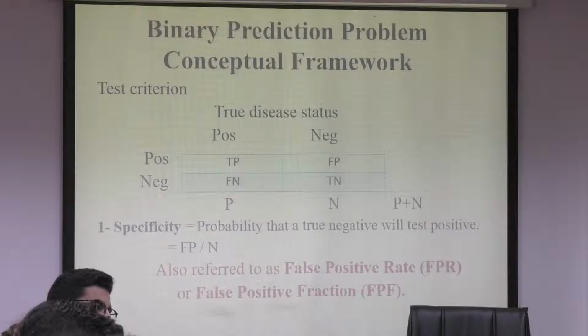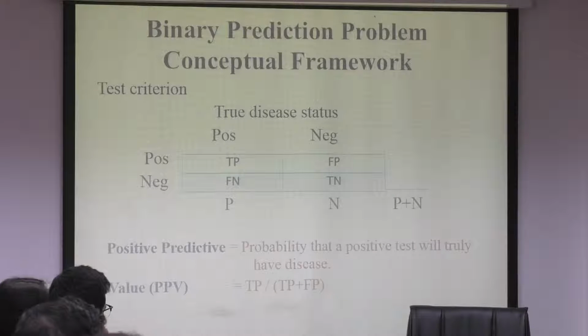So if a patient comes with a positive test, what is the probability that they will have the disease or not? So accordingly, instead of looking at the positives and the negatives, I want to look at the testing positive and the testing negative. And in this case, I will be taking into consideration the positive predictive value and the negative predictive value. What is the positive predictive value? The denominator is the TP plus FP.